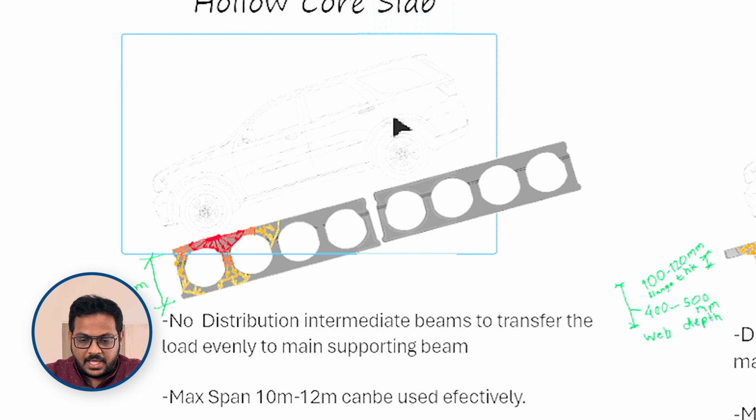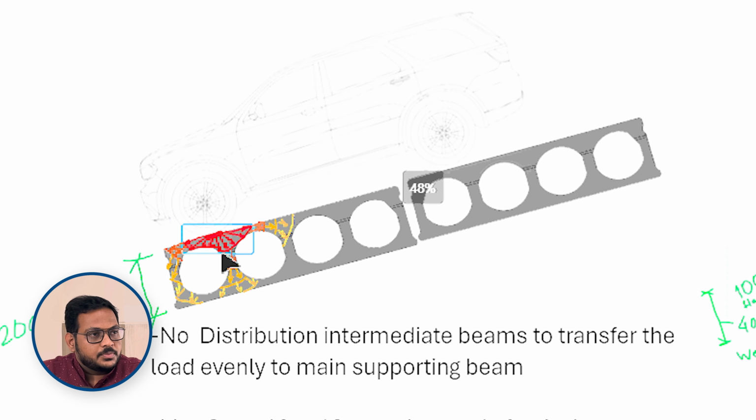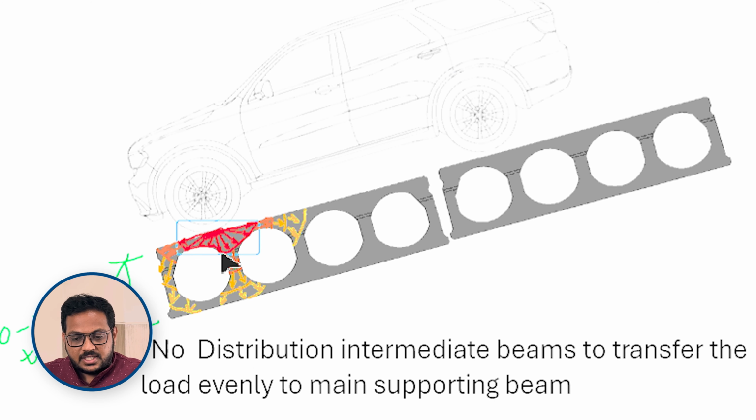So that is where the maximum load is acting on the hollow core slab. Actually, when we design it, the wheel loads are dispersed into the slab, and that dispersion should be so uniform that there should be no disruption. And that disruption causes a lot of weaker sections when we are using that slab in a slanting region, or we can say in the parking structure when we are using this hollow core in the ramp section. So basically it crushes down.